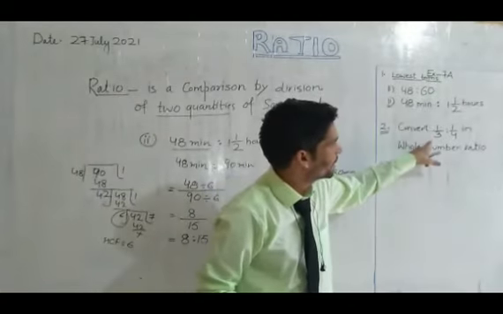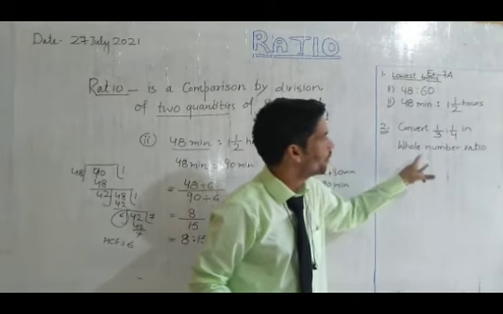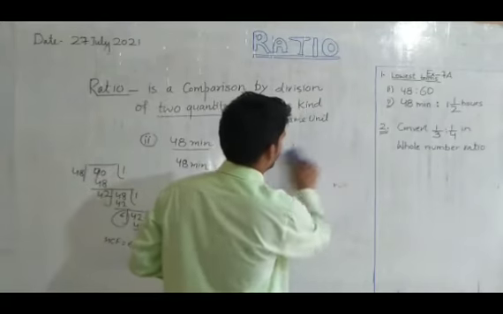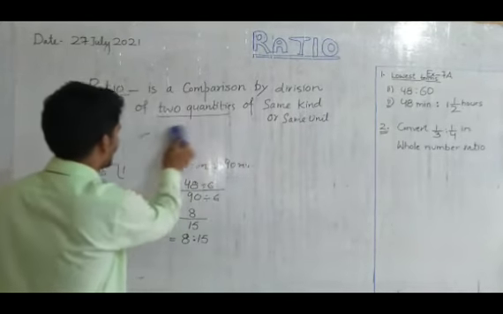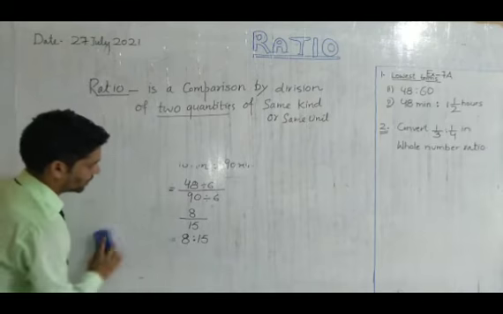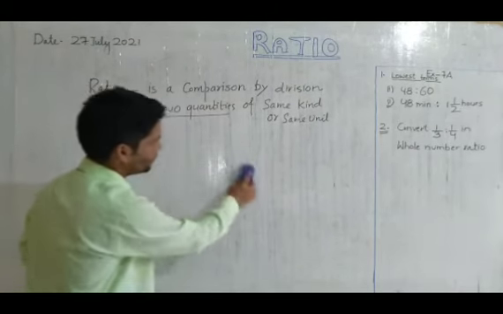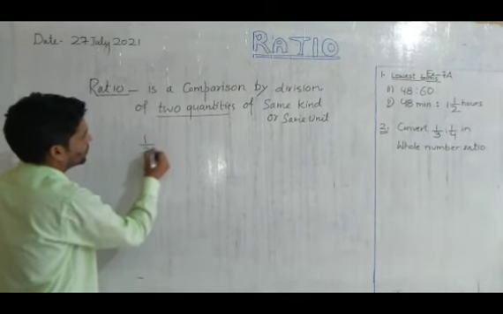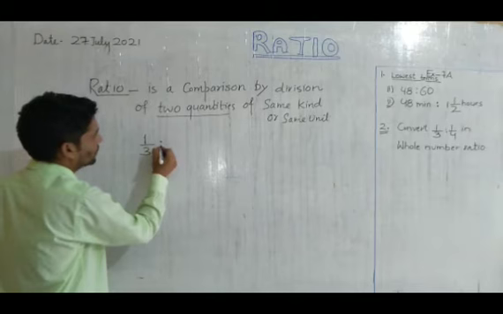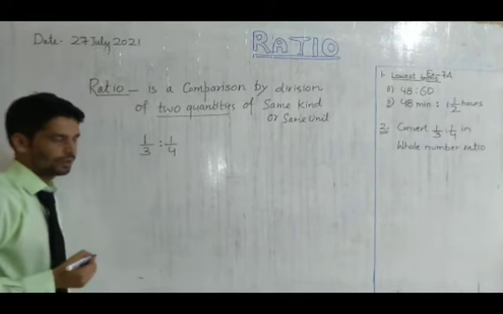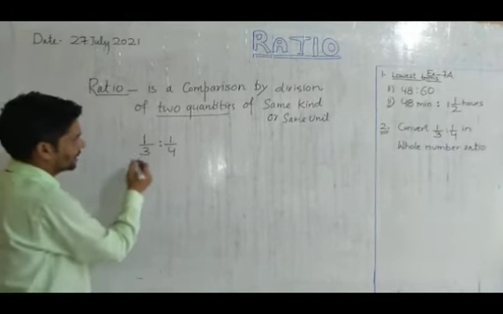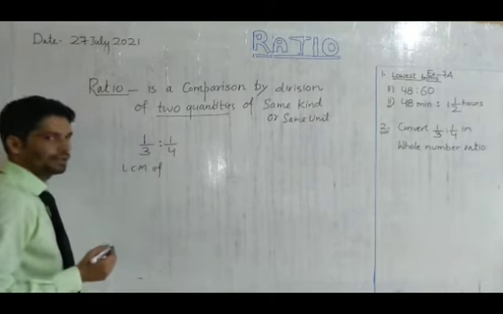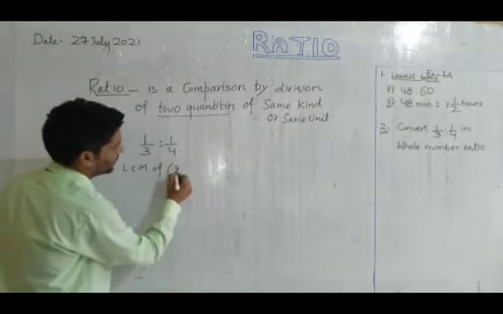Okay. Now we have one more example. Convert 1/3 ratio 1/4 into whole number ratio. Here the ratios are given in fractions. How to convert these fractions into whole number ratio is very important. So here we have the ratio 1/3 ratio 1/4. Okay. So we have to take the LCM of denominators. Denominators are 3 and 4.